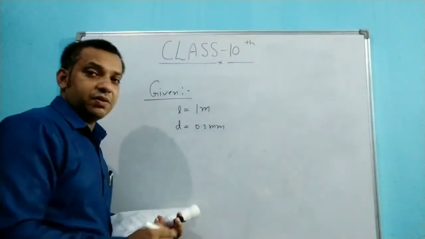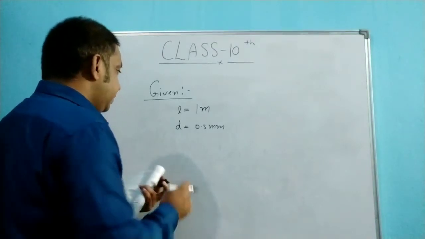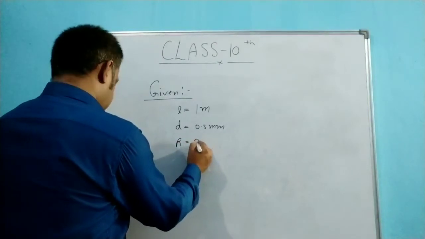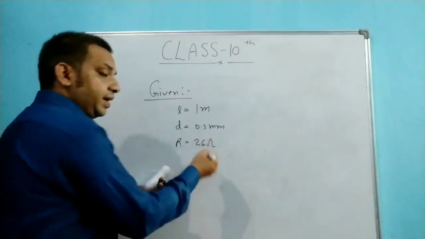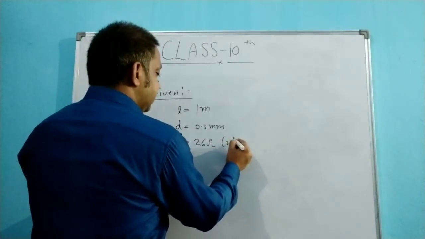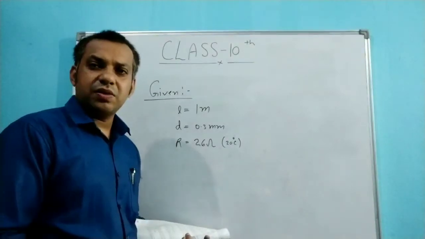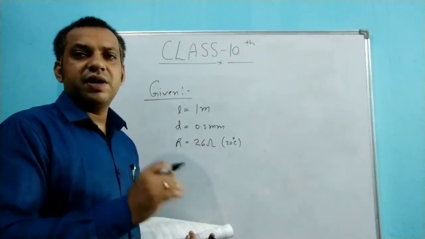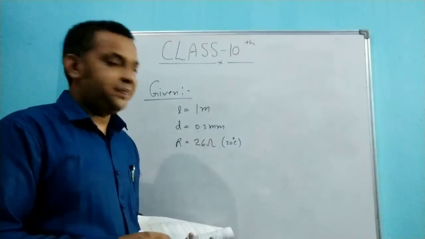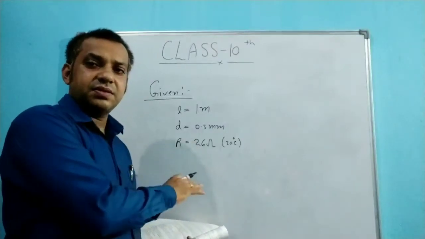The diameter of the wire is given in millimeter, and the resistance is given as 26 ohm at a particular temperature, 20 degrees Celsius. The temperature is only an indication, as you know the temperature is also a factor that changes the value of the resistance. If the environmental conditions change, the value of the resistance is not fixed. So to fix the value of this resistance, the temperature is given.